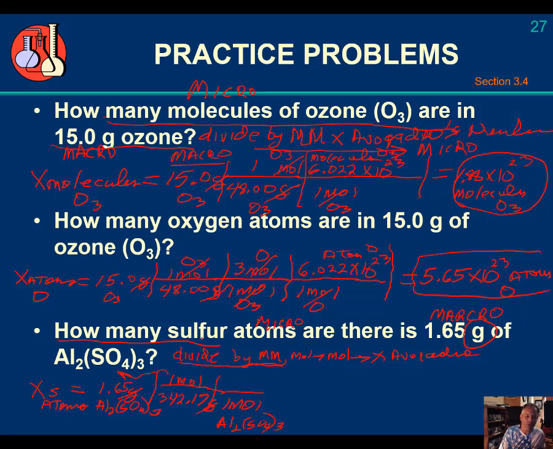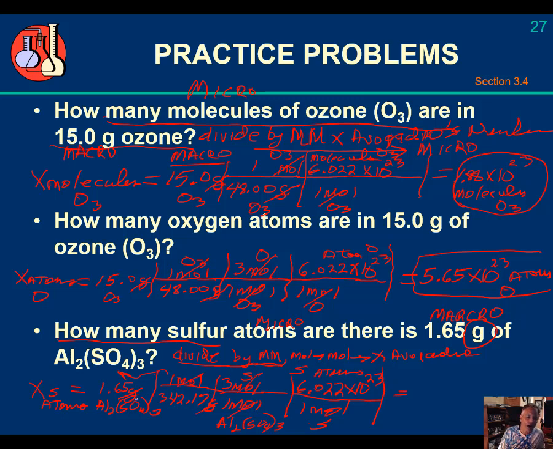is equal to, and what am I looking for? I'm looking for sulfur atoms. So that's going to be 3 sulfurs for every 1 mole of aluminum sulfate. So that's 3 moles of sulfur, and then 1 mole of sulfur is equal to Avogadro's number of sulfur atoms, which is 6.022 times 10 to the 23rd sulfur atoms.